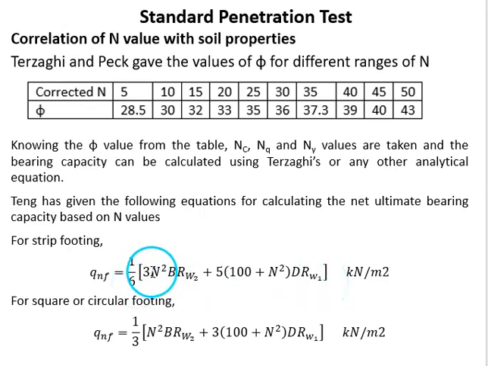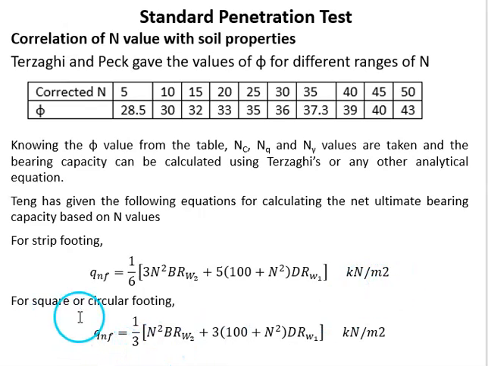Here in this equation, N is the corrected standard penetration number, B is the width of the footing, and Rw1, Rw2 are water table correction factors. The value will be obtained in kilonewton per meter square only.